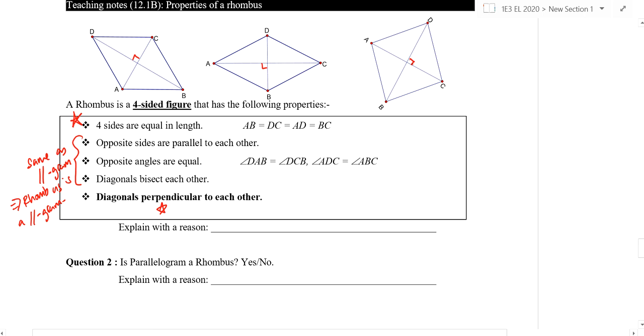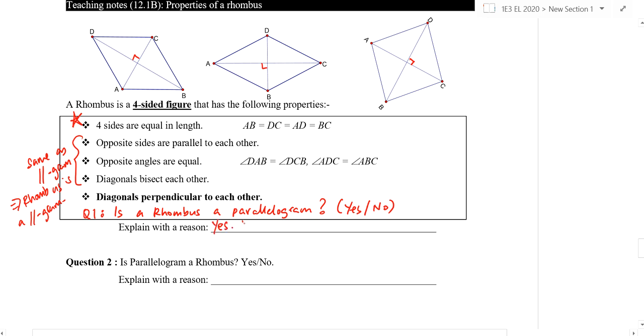Okay, so question 1. Okay, there's a missing question over here. Q1: is a rhombus a parallelogram? So it is a yes or no? The answer is yes. Why?